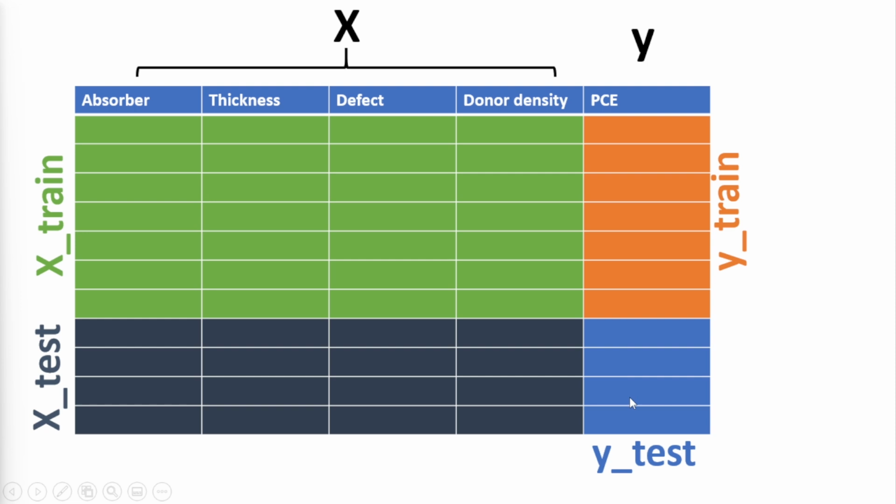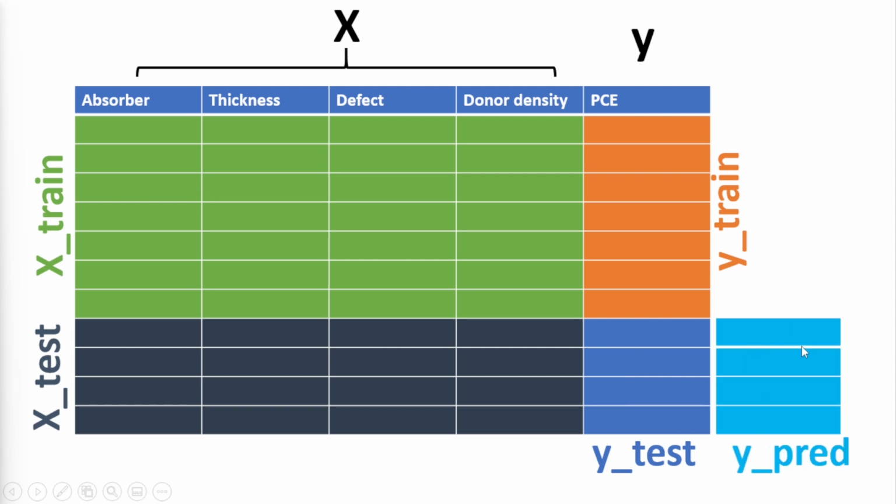We will not reveal the Y test to the model, and the model will give its prediction about the PCE, which we will denote as Y pred. And lastly, we will see how accurate the model was at predicting our Y test. The closer Y pred is to the Y test, the more accurate our model will be.